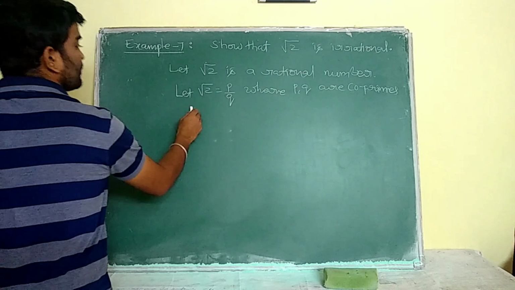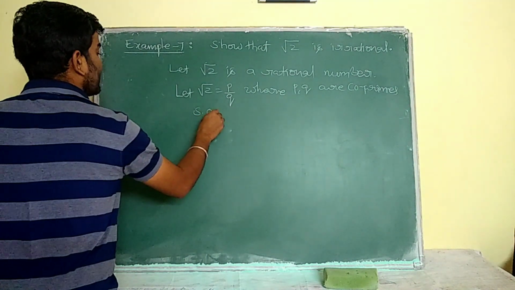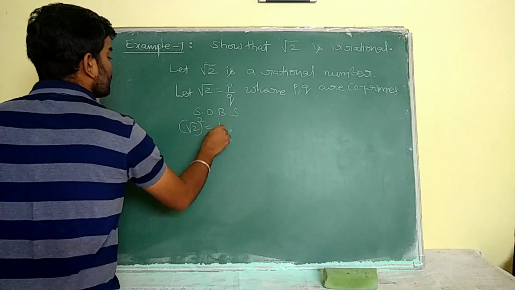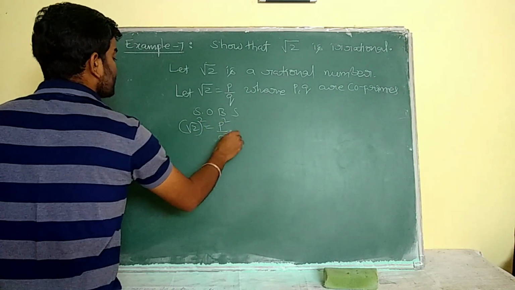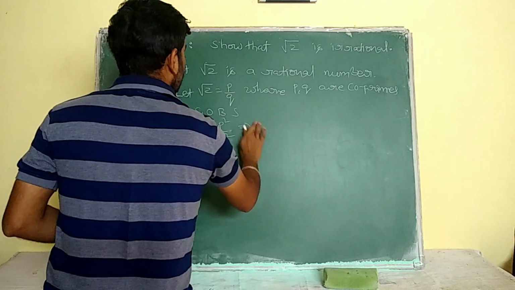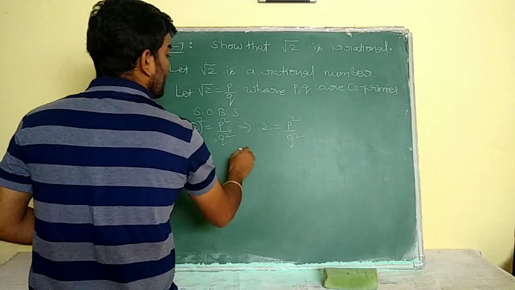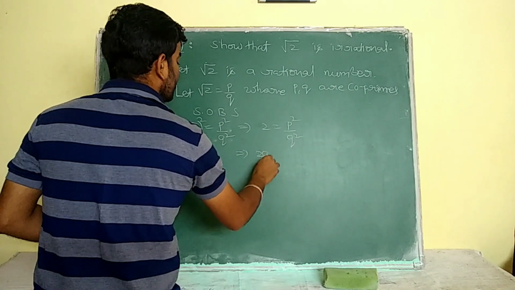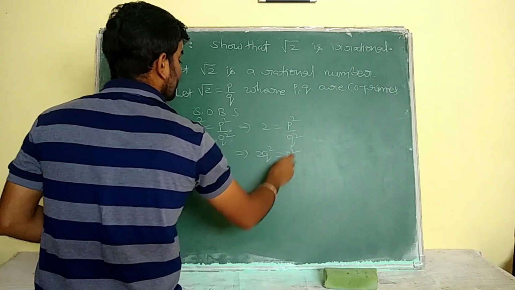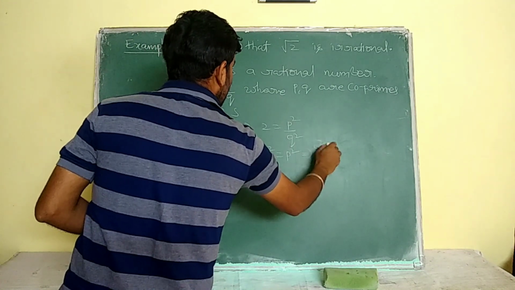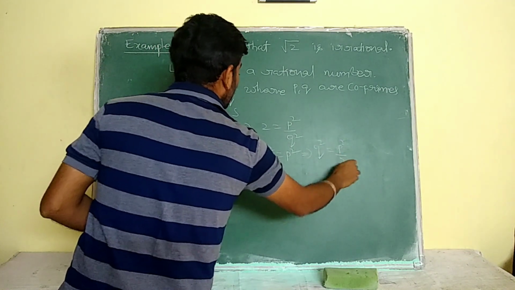Now squaring on both sides, root 2 whole square is equal to p square by q square. That implies 2 is equal to p square by q square. Now 2q square is equal to p square. That implies we will write q square is equal to p square by 2.